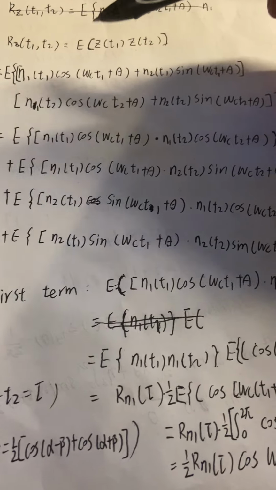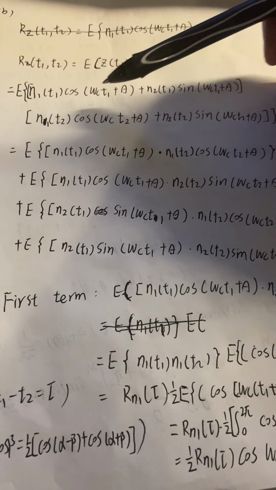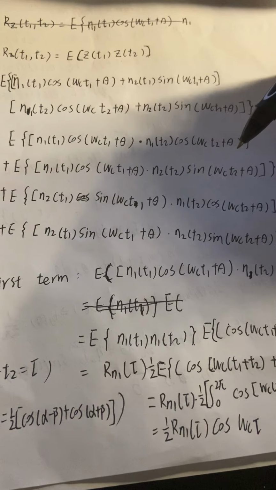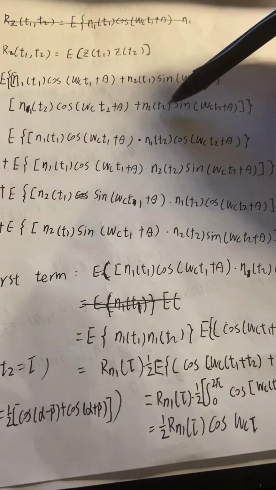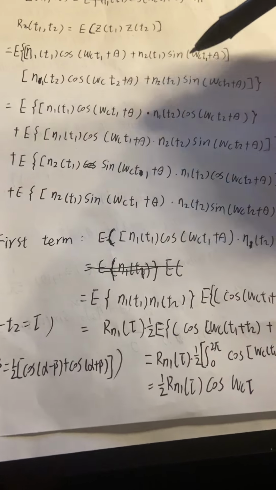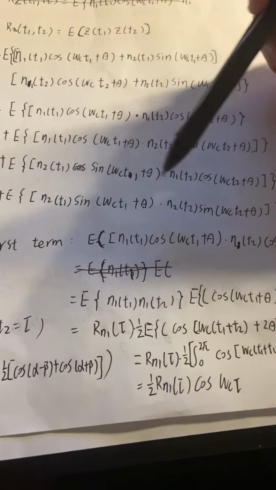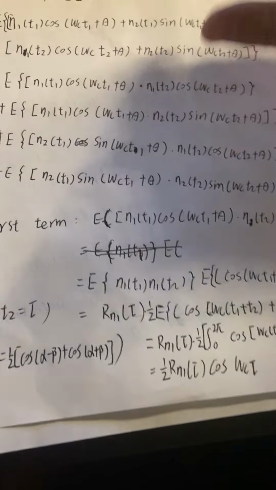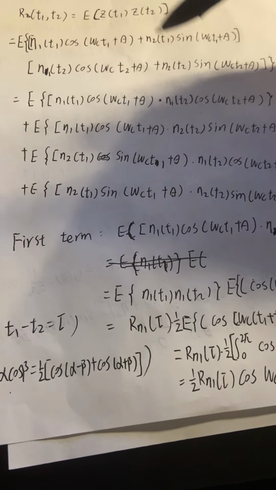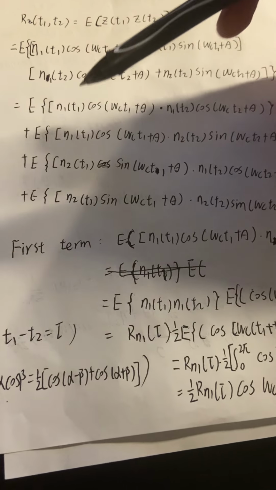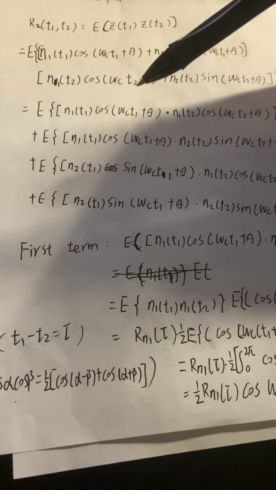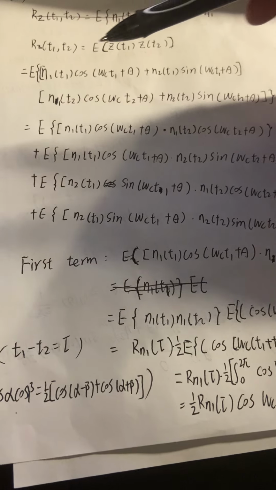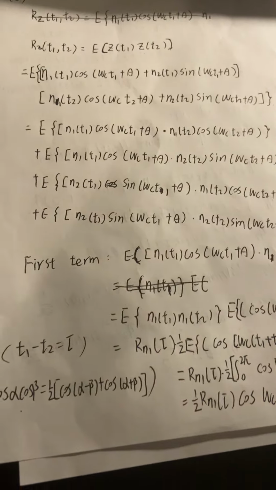Multiplying term by term gives us four terms. We need to calculate the four terms and add them together to get our autocorrelation.